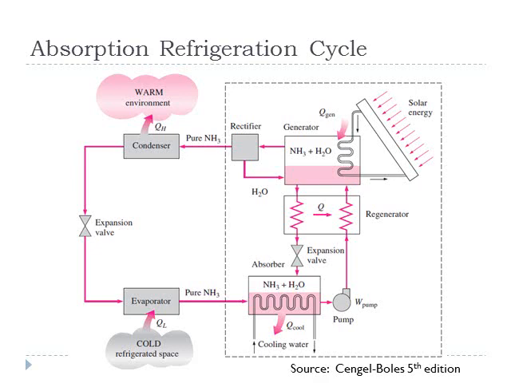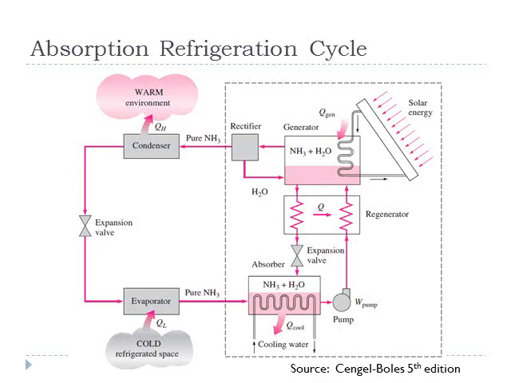Because of the heating of the mixture, ammonia vapor is generated, and rich ammonia and water vapor will be supplied to a rectifier which separates ammonia vapor from water, and the water is supplied back to the generator, and this lean solution now collected inside the generator will be supplied back to the absorber through a regenerator and an expansion valve.